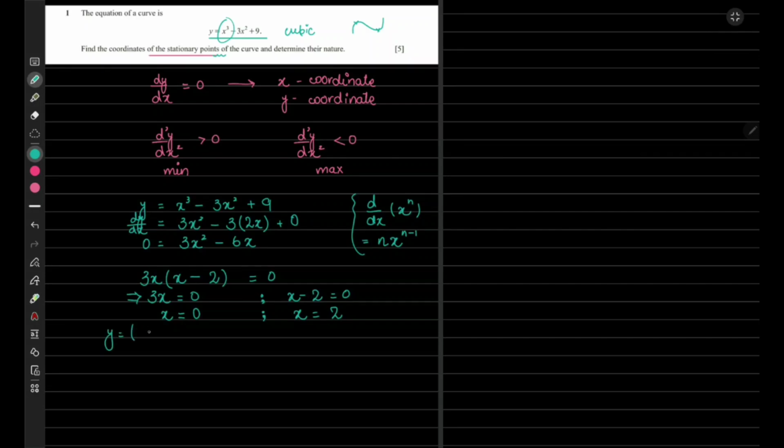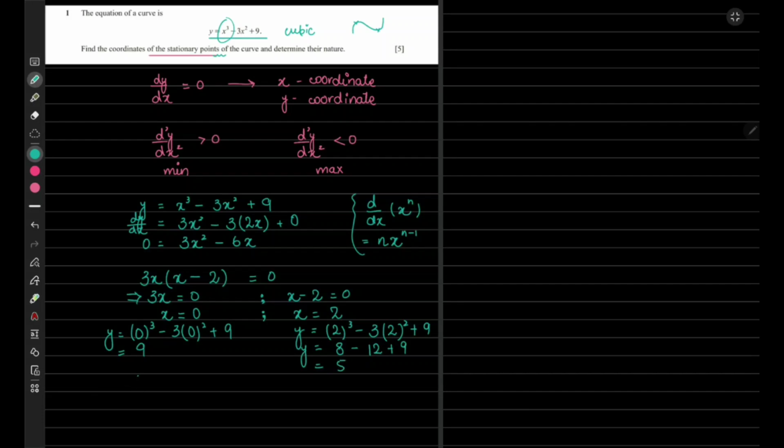y equals x cubed minus 3x squared plus 9. For x equals 0, y equals 9, and for x equals 2, y equals 8 minus 12 plus 9, which is 5.